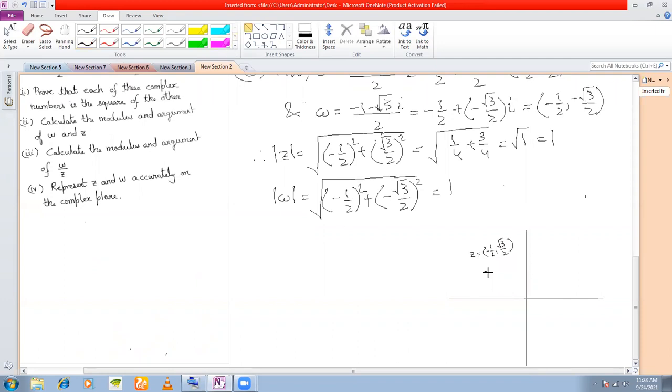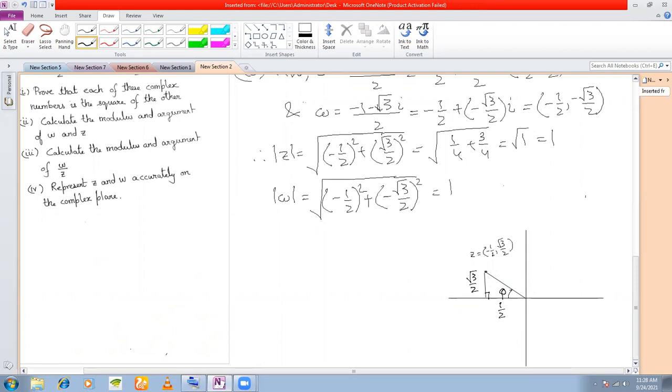So now you join this. In order to find this, if you complete this right angle triangle here, this angle will be your phi, so that this part becomes your half, this part becomes your root 3 by 2.